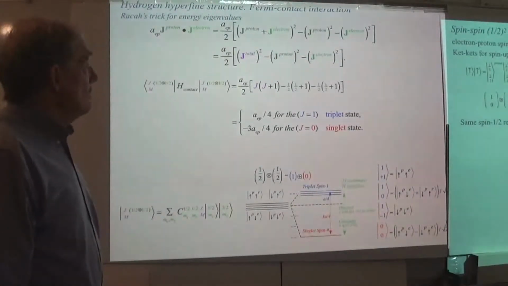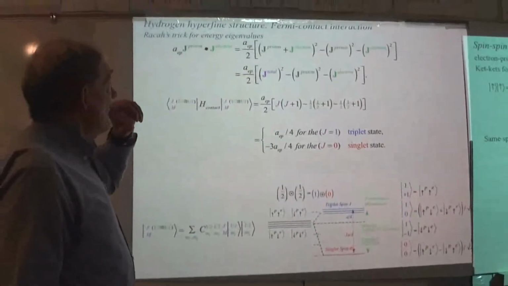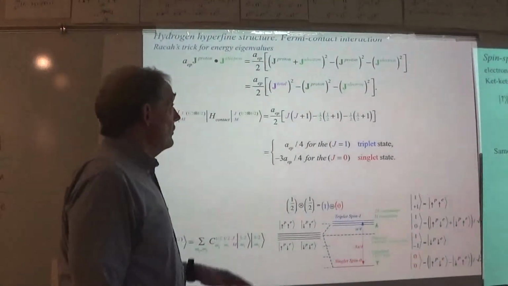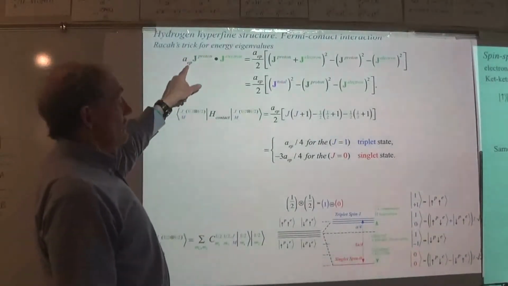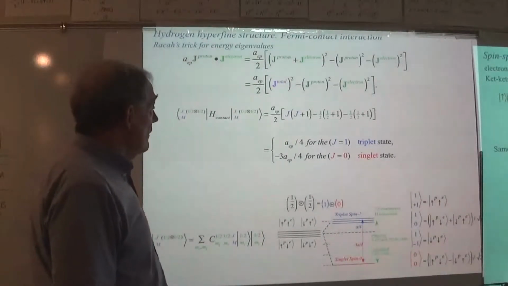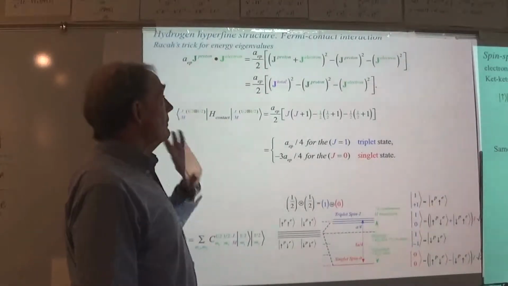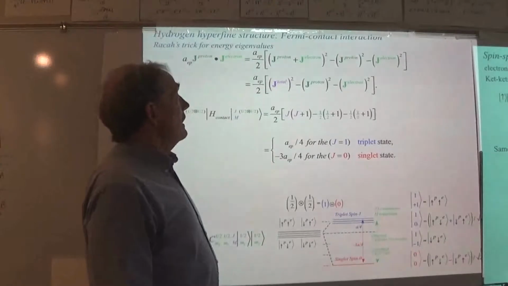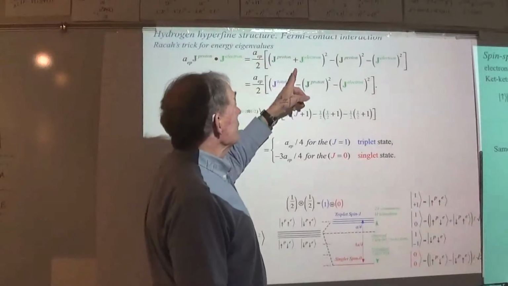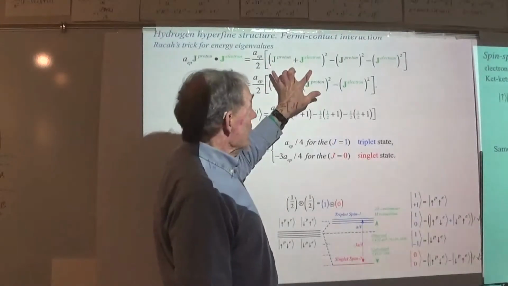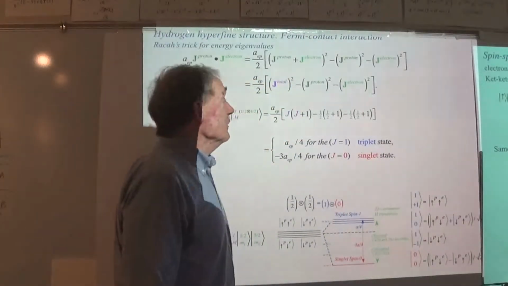So here's a quick way to see how that happened. This is Rokke's trick for getting energy eigenvalues for the simplest Hamiltonian I can write for this thing, and it's pretty darn good for it. It's just this coefficient that has to be known. That's the hard part. But just to use that, we've got J proton dot J electron as a Hamiltonian with some coefficient. Then I do this little trick here that Jp.Je is equal to Jp plus Je squared minus the diagonal, the J squared, P squared, and E squared, okay?